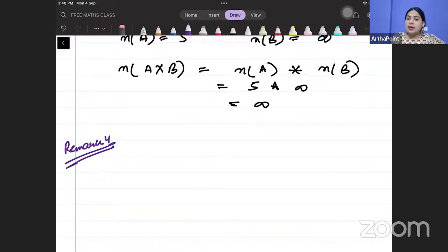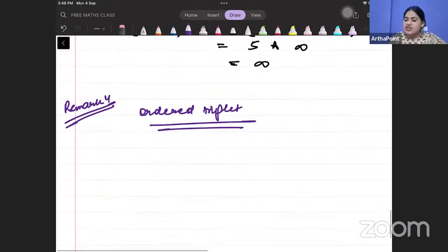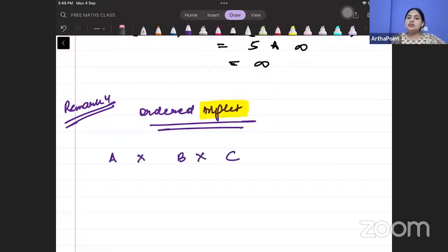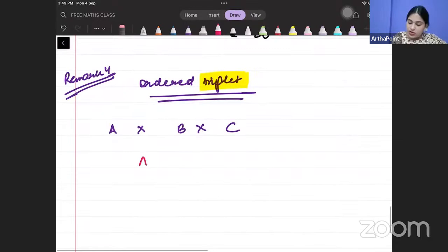Sometimes, instead of a pair, we can also find a triplet. So there is something known as an ordered triplet. If it is a triplet, it means there will be 3 elements. So it is something like A cross B cross C. Suppose A is 1, 2.